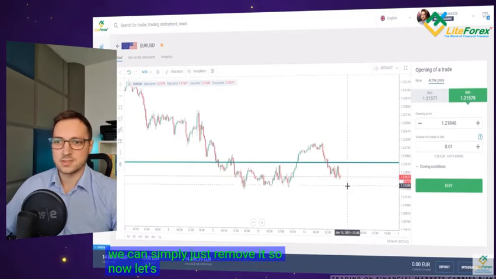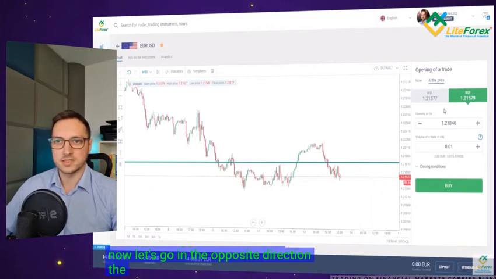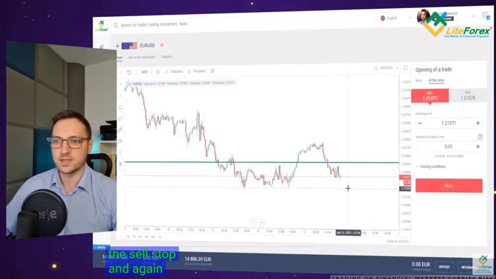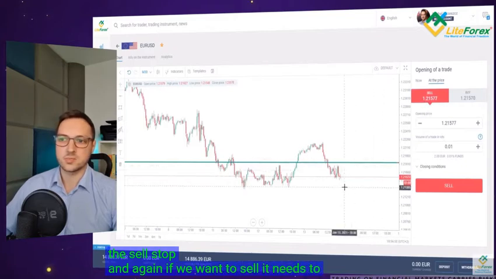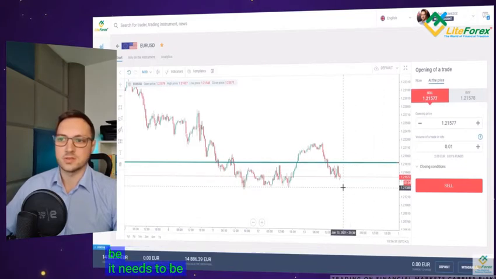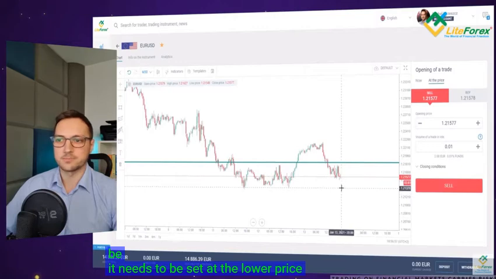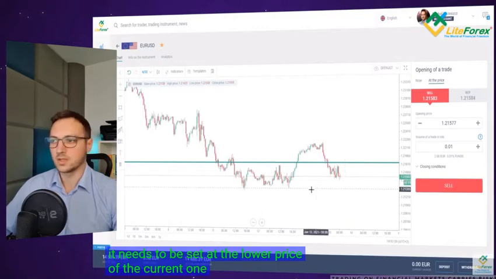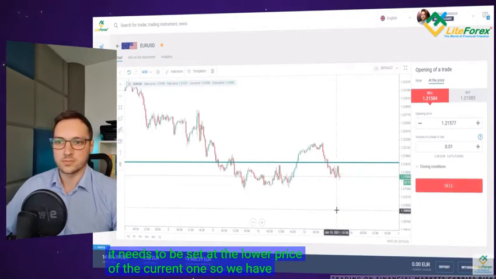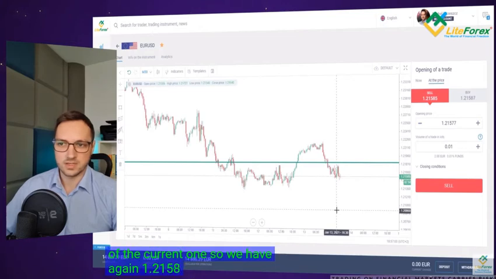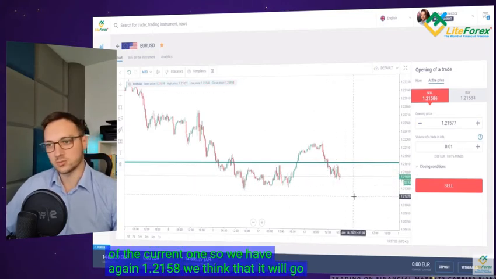So now let's go in the opposite direction, the sell stop. Again, if we want to sell, it needs to be set at a lower price than the current one. So we have again 1.2158. We think that it will go downwards.